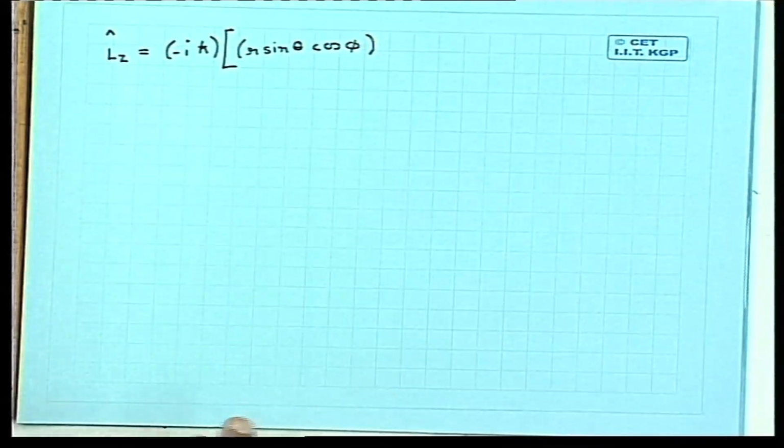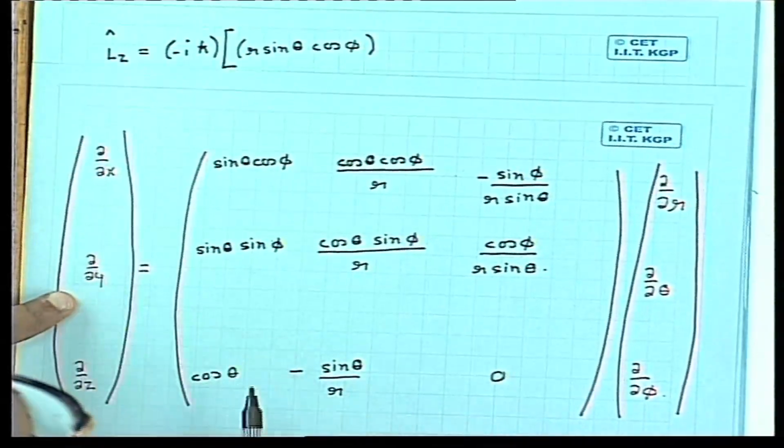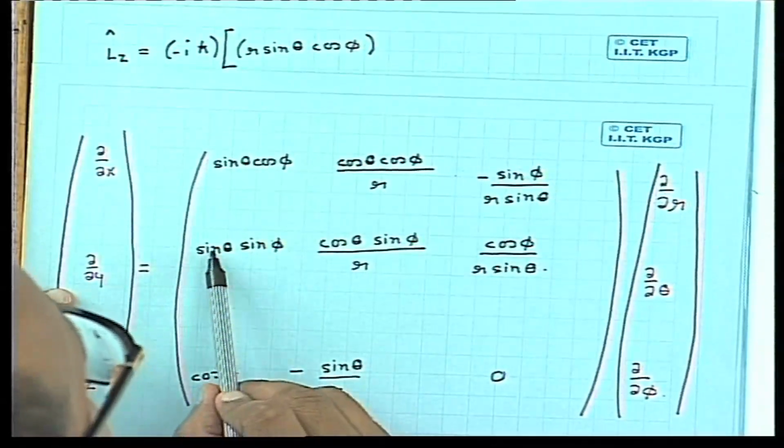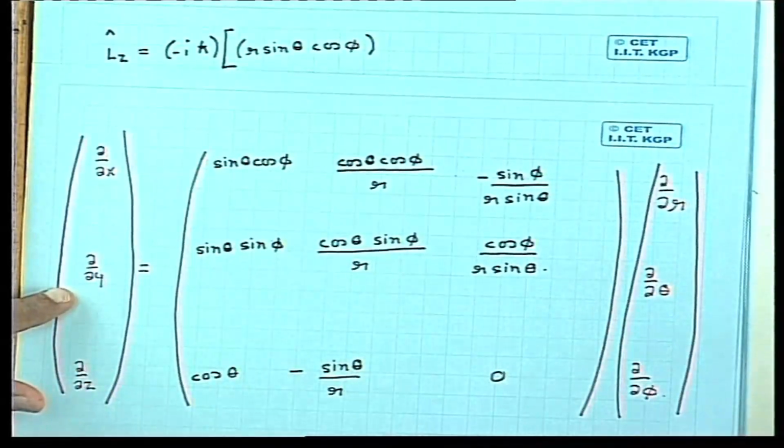and del by del y, let us now work out how much is del by del y. Del by del y is sin theta sin phi into del by del r. That is the first term.